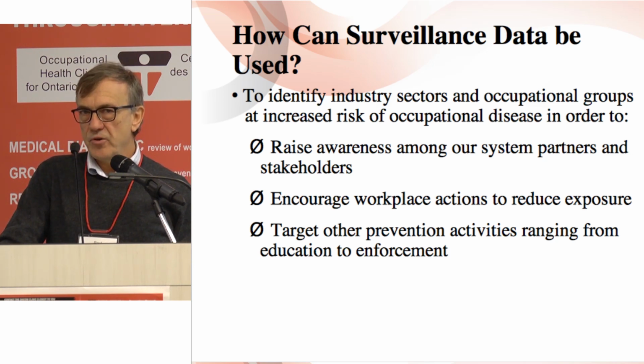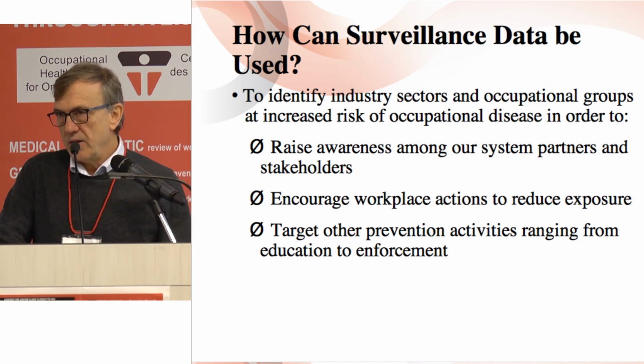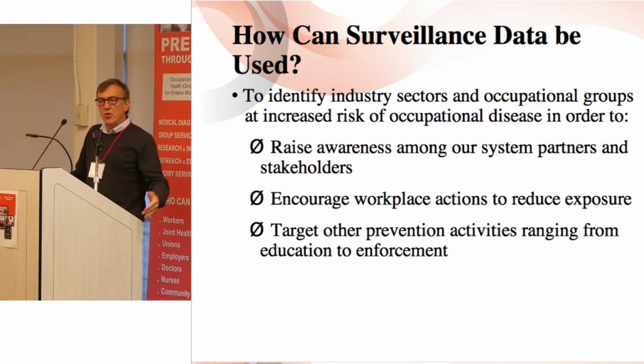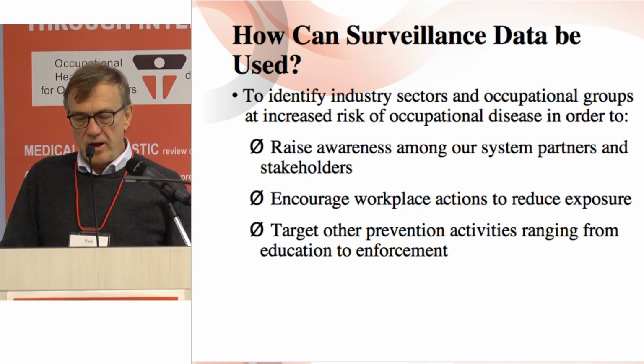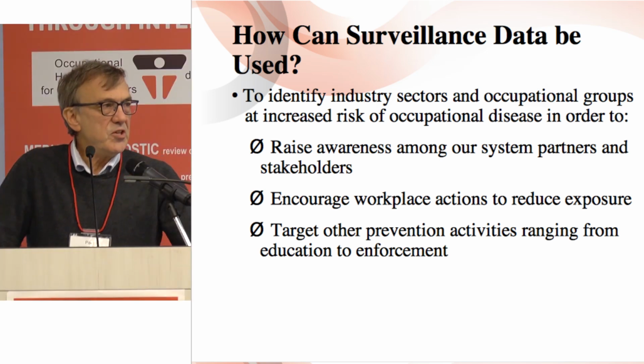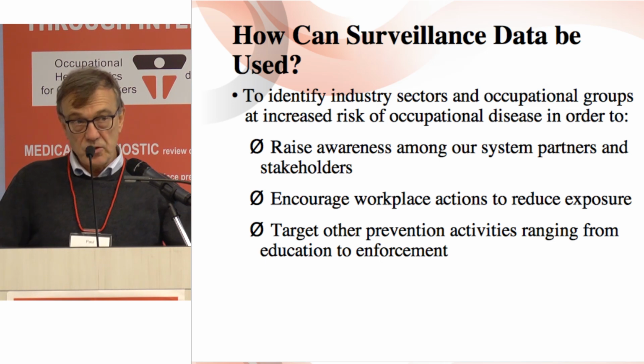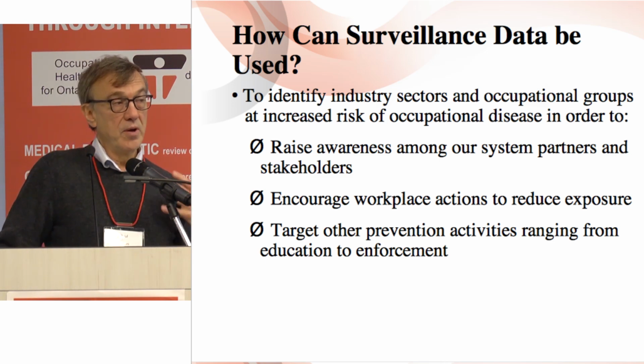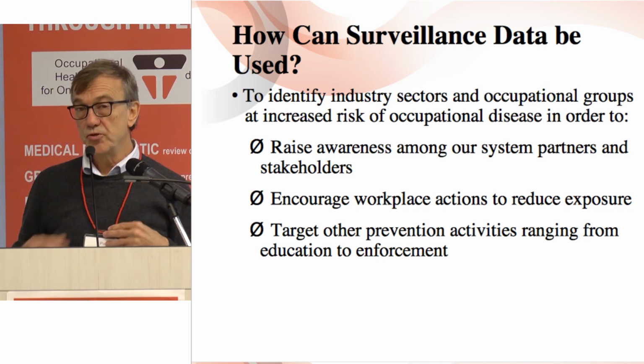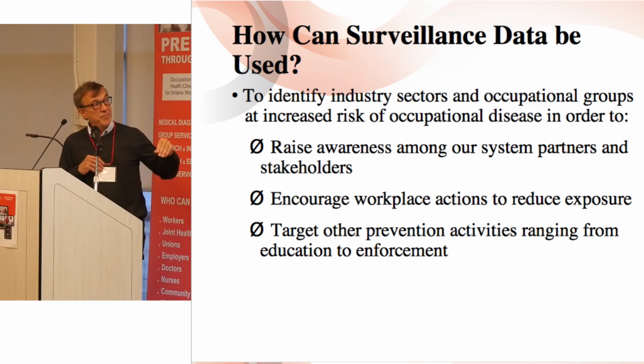One, at a very basic level, is convincing our system partners or key stakeholders, the people who are represented here, of the importance of some of these issues, and having people be informed with numbers and facts and figures and statistics to go forward and to push for policy change, to push for organizational change.